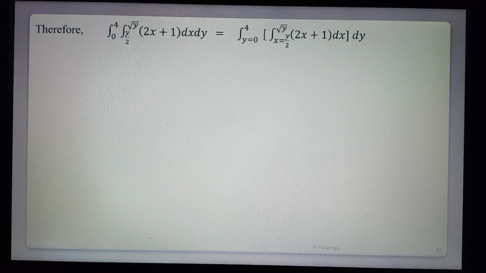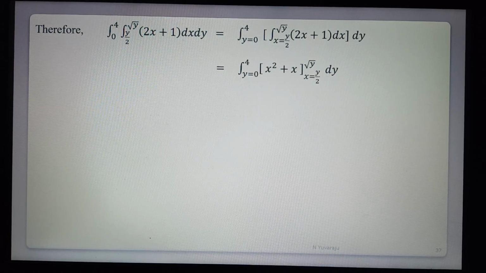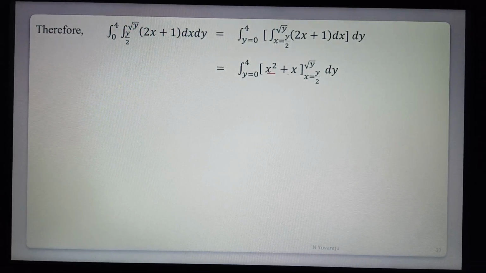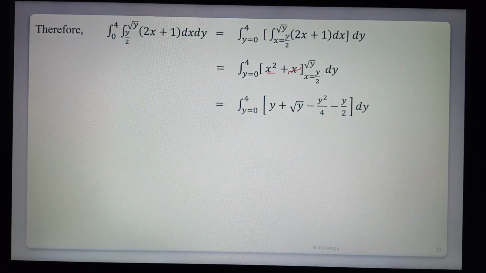With respect to x, first integrating: the integration of 2x is x squared, plus the integration of 1 is x. So substituting the upper limit and lower limit, root y whole squared means y, plus root y, minus the lower limit, y squared by 4 plus y by 2.